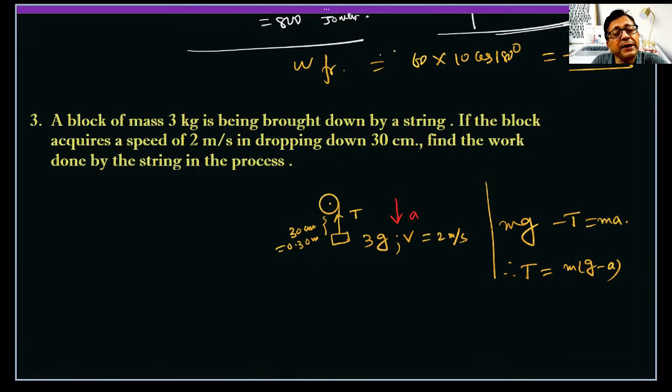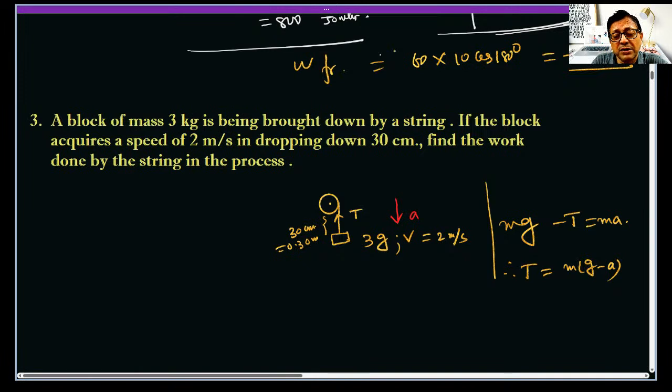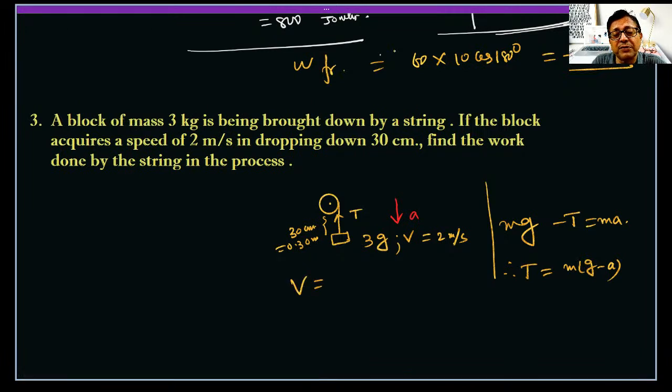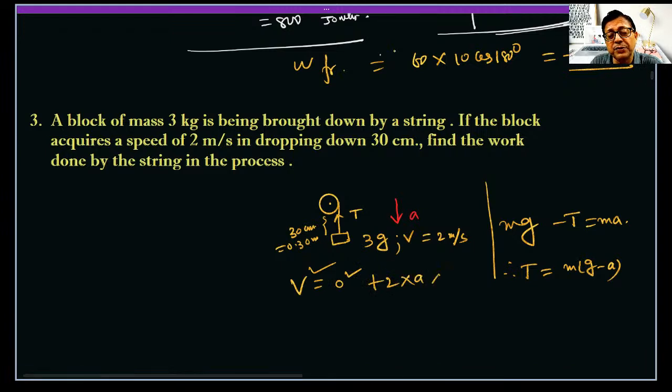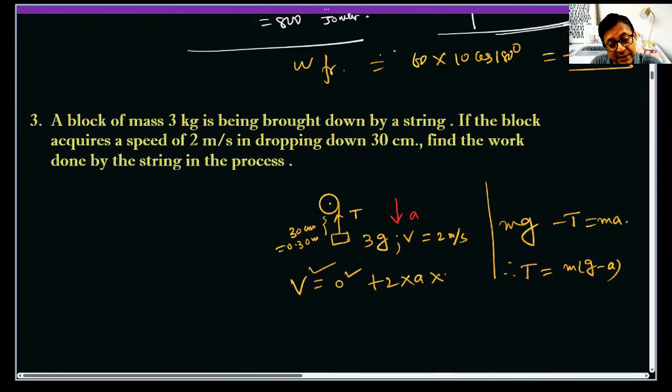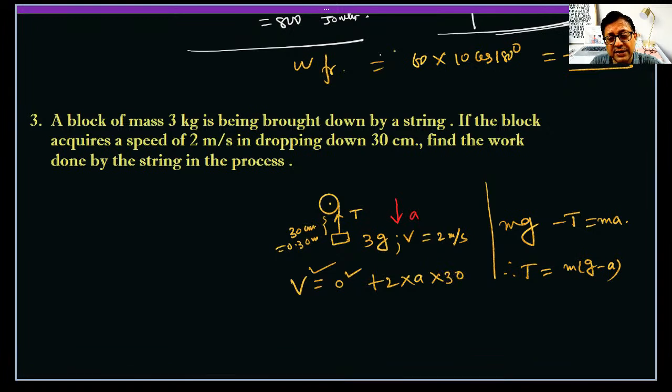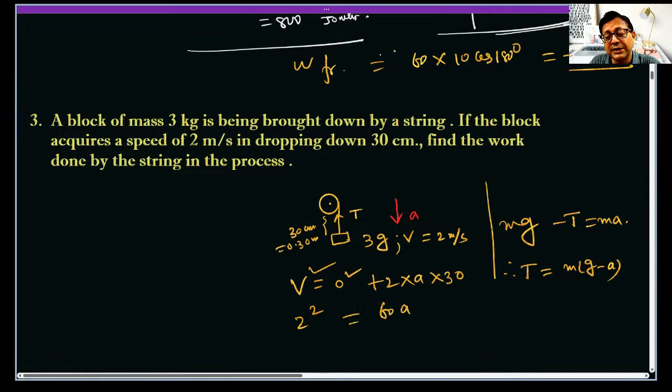How to get the value of a? Because this body has got velocity 2 meter per second when it travels 30 centimeter. So v square equals 0 square plus 2a into s, that is 30. V is 2, so 2 square equals 60a.